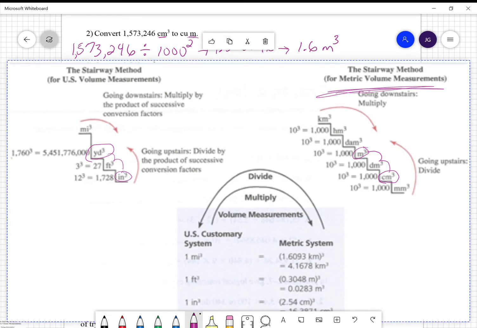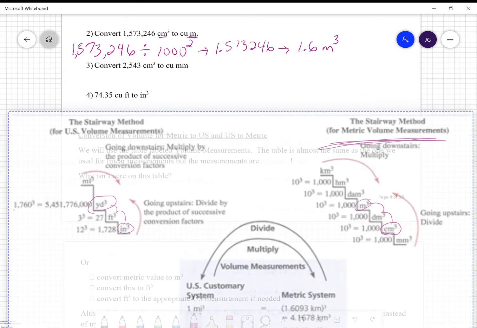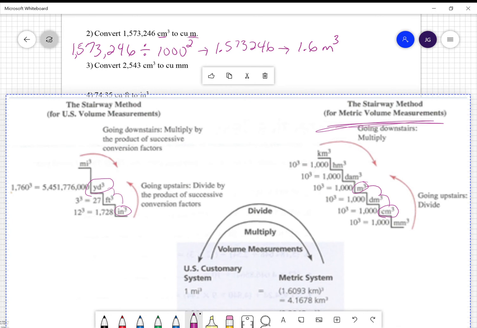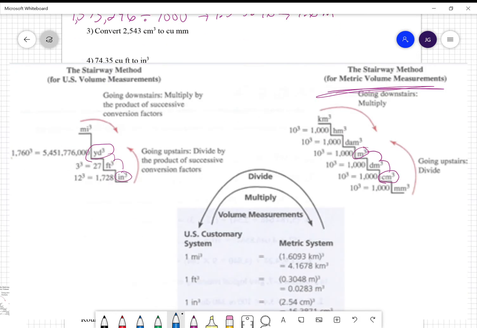Okay, next one. Convert 2,543 cubic centimeters to cubic millimeters. Okay, so I'm going to start with 2,543. Cubic centimeters to cubic millimeters is still the metric one.